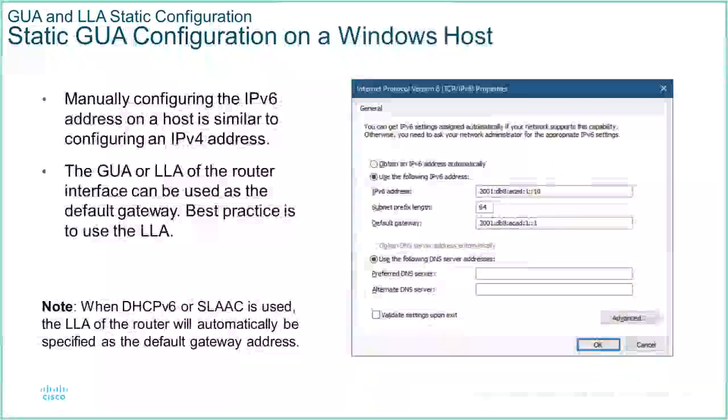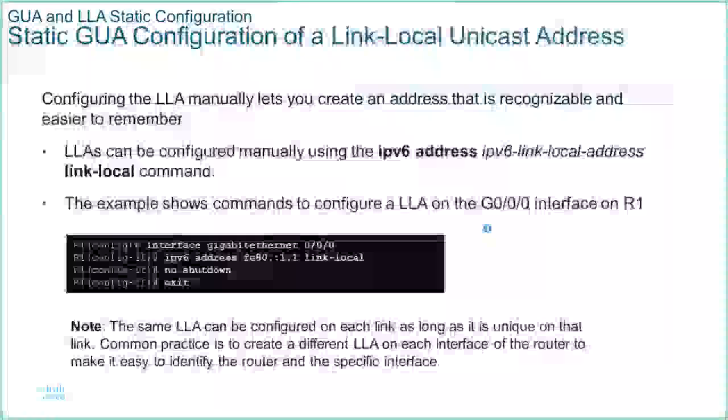On the host, it's exactly the same. We say it's an IPv6 address, type in the address, prefix length, and again, the default gateway is all within the hexadecimal notation as well.